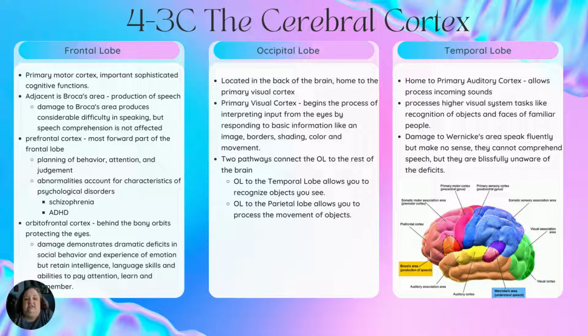So they can't speak, but they can still understand it. The prefrontal cortex is the most forward part of the frontal lobe. It deals with planning of behavior, attention, and judgment. Abnormalities account for characteristics of psychiatric disorders like schizophrenia and ADHD.